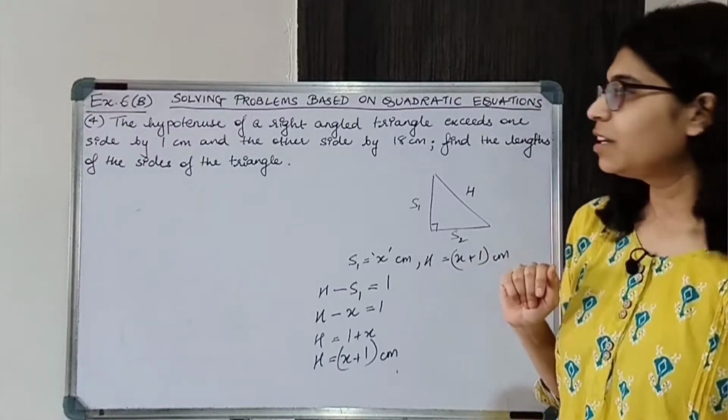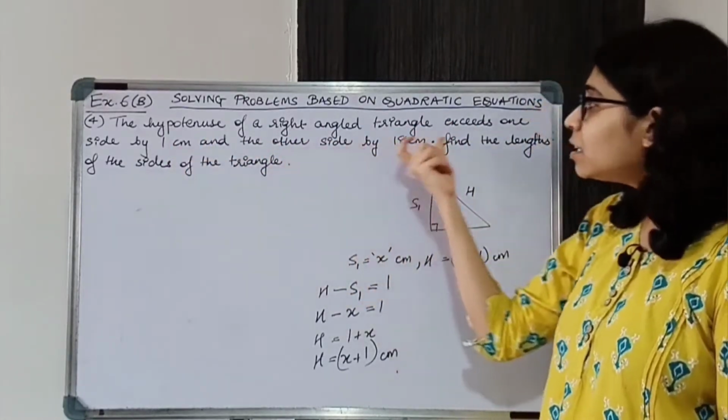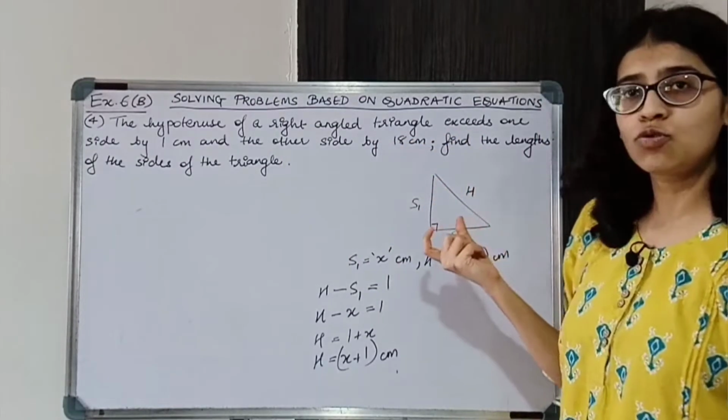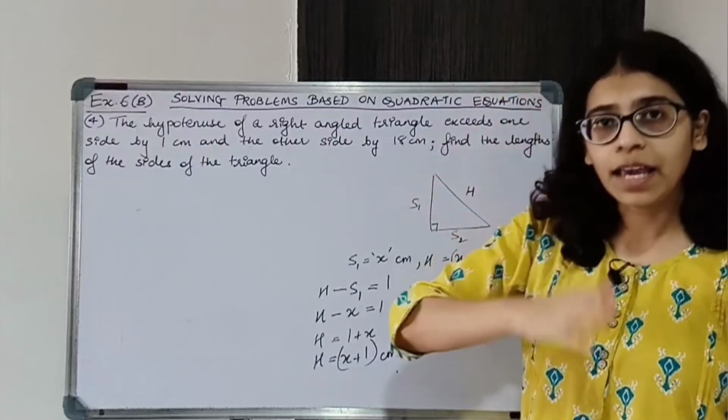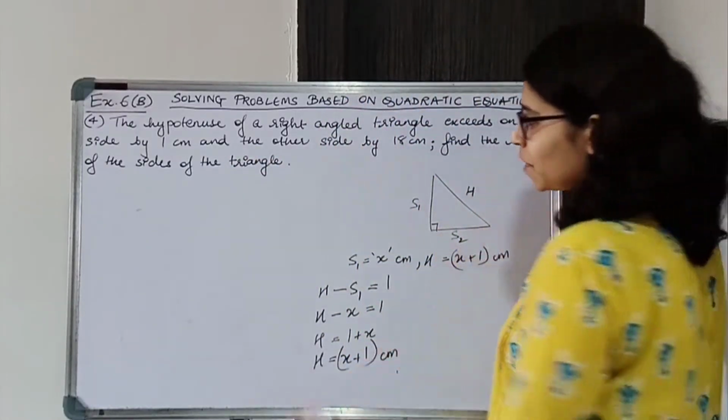Now hypotenuse exceeds one side by 1 centimeter and the other by 18 centimeter. So it is exceeding S2 by 18. So h minus S2 is 18.